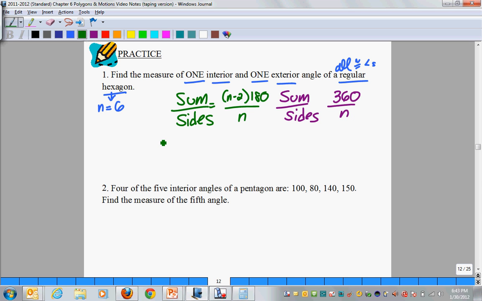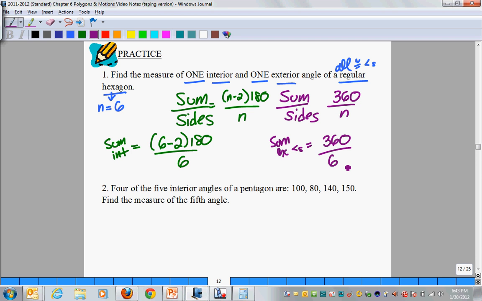So for the interior angles, we're going to go 6 for sum. Interior equals 6 minus 2 times 180 over 6. And for the sum of the exterior angles, it is simply 360 over 6. Solve for each and check your work.